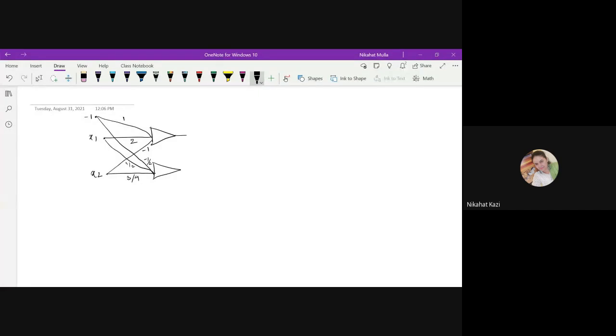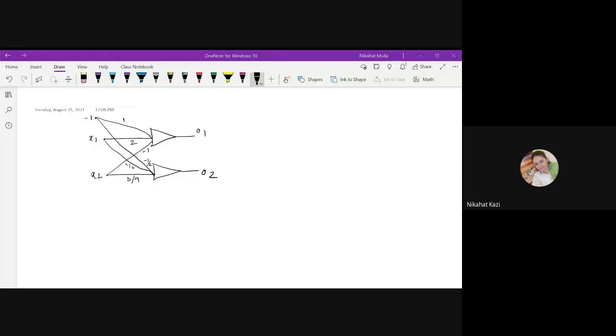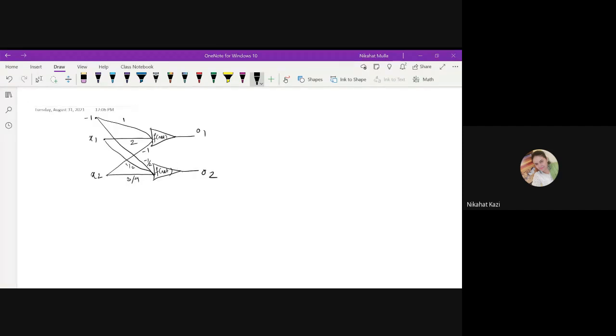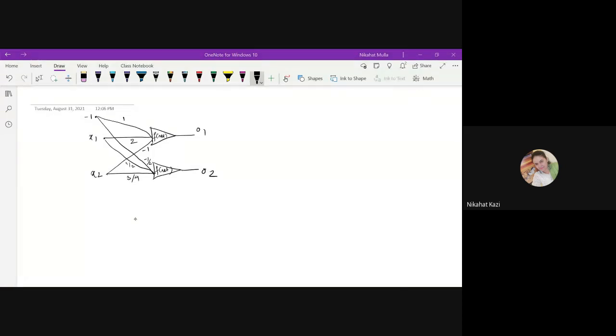O1 and O2 are the outputs of the network. Now, this is some f of net, and this is the same f of net. What is given to you is O1, 0.28, and O2 is given to be -0.73.